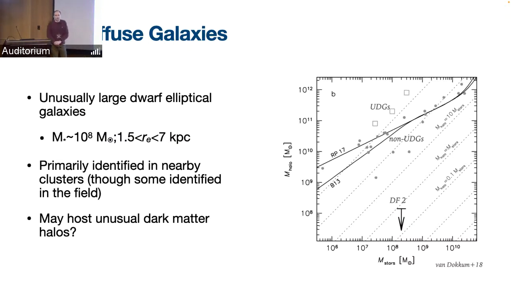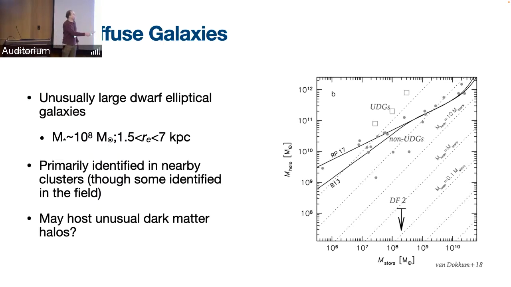And one thing that I think is really interesting is that a number of UDGs seem to have unusual dark matter halo properties. Here, this is halo mass on the y-axis and stellar mass on the x-axis. And we have a few non-UDG points following along some abundance matching relationship. And then you have some of these ultra-diffuse galaxies that again seem to be outliers from this relation.